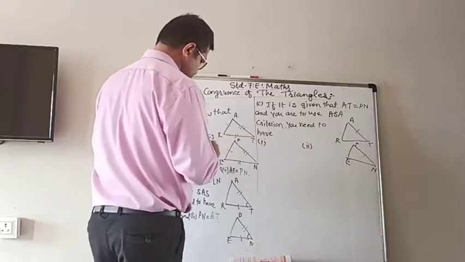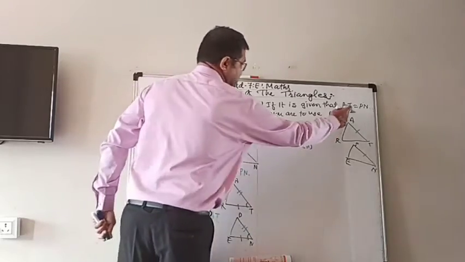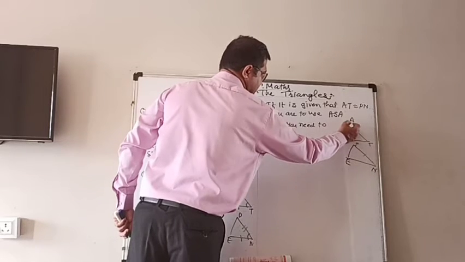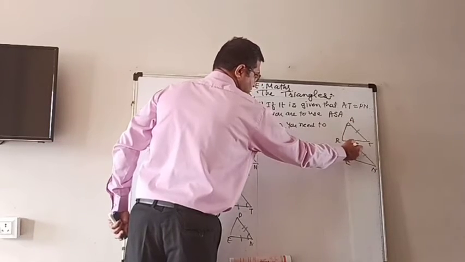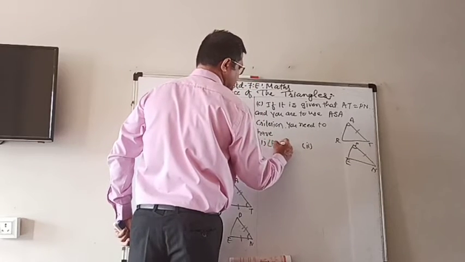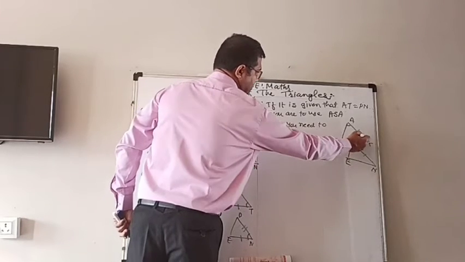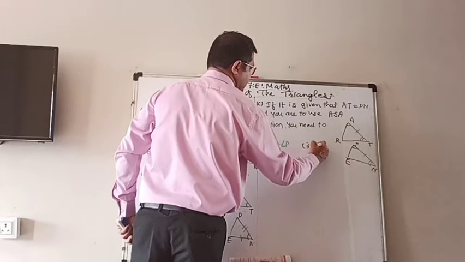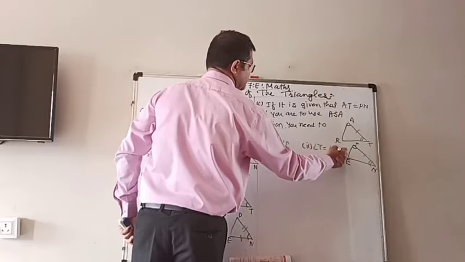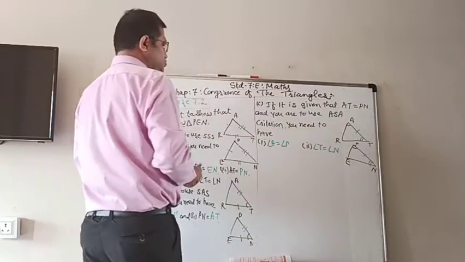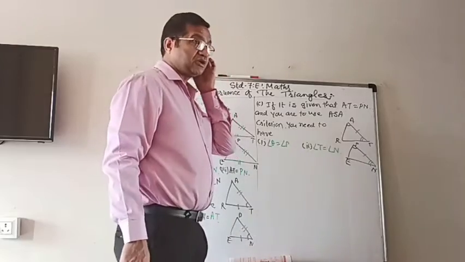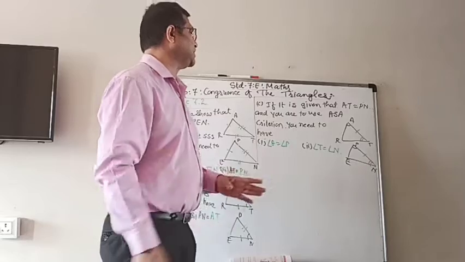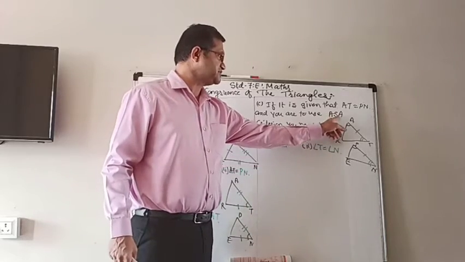So here you can see that line segment AT is included between angle A and angle T. So angle A must be equal to angle P. And the second thing that you need, angle T is equal to angle N. So this we have to use our own mind, because we are going to use ASA criteria, meaning angle, side, angle.